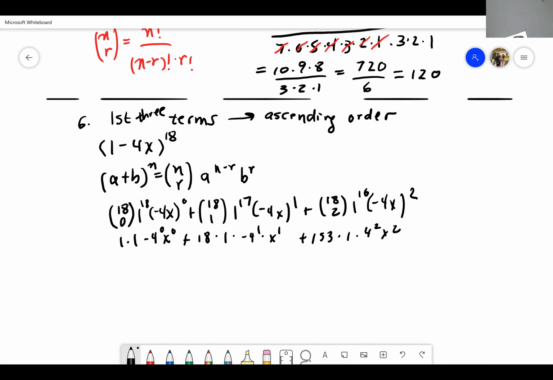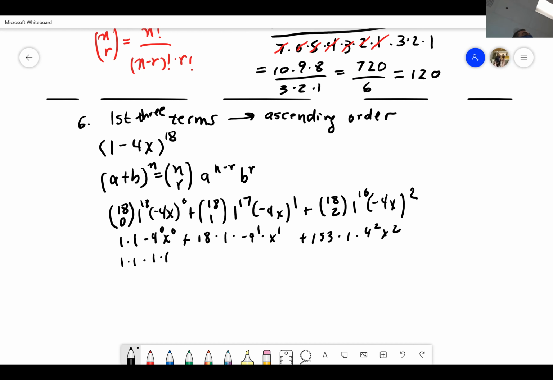Now, negative 4 to the 0 is 1, and it's not negative. The reason why is that if I raise a negative number to an even power, it always comes out positive. Is 0 an even digit? So we must assume that we're going to come out with a positive 1.